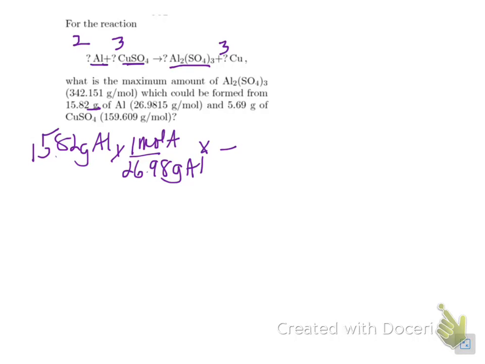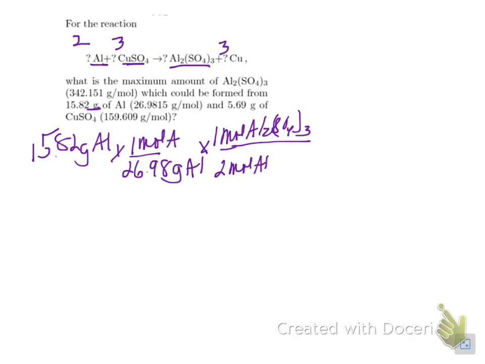And I know from the balanced equation that 2 moles of aluminum will give me 1 mole of Al2(SO4)3. Now I can stop at moles here because then I can compare the moles I can make using the aluminum to the moles I can make using copper sulfate, and then do that last step.